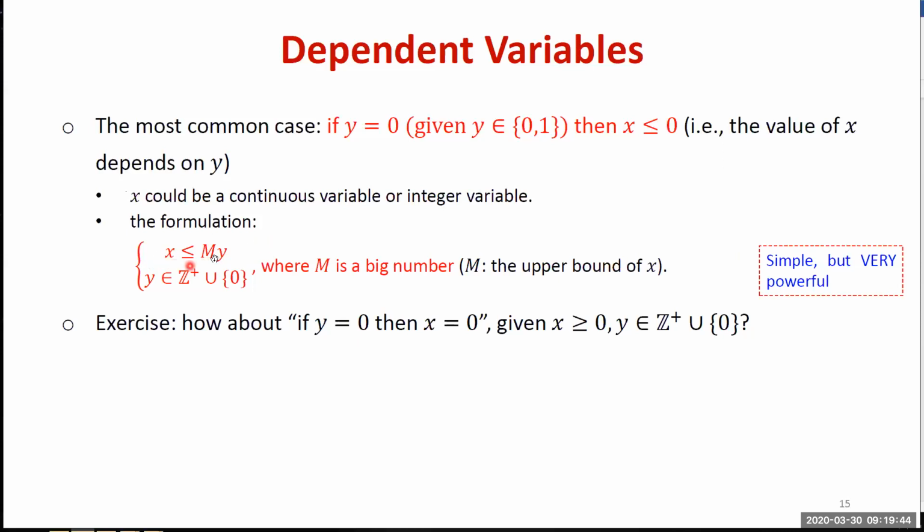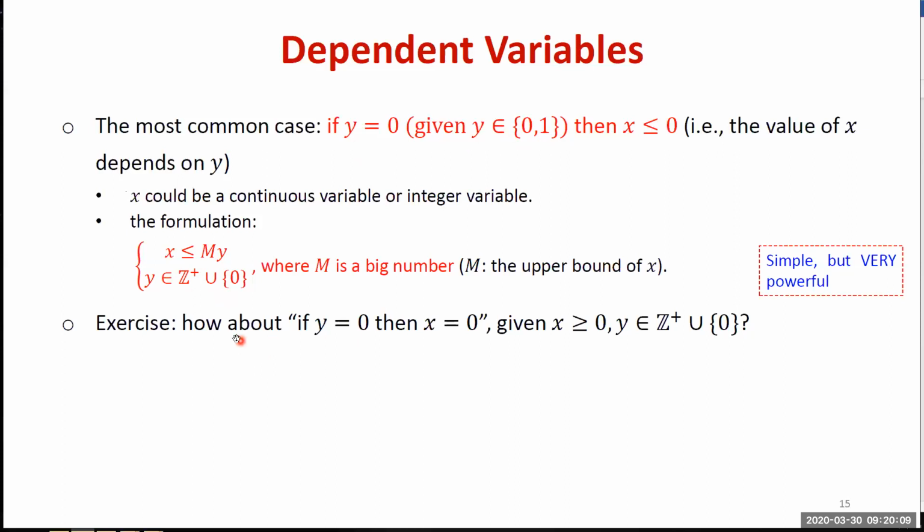So this constraint is always satisfied. Okay. In general, we can say that y is in Z plus. Z plus means positive integers or 0. But in real practice, in most problems, y is in the set of binary variables, and x is greater than or equal to 0.